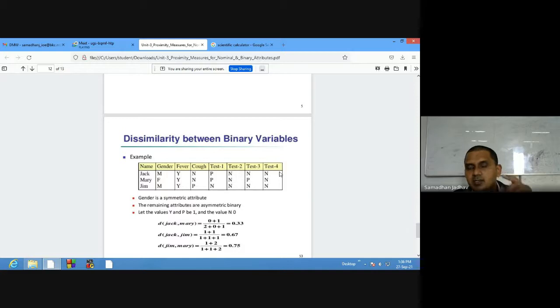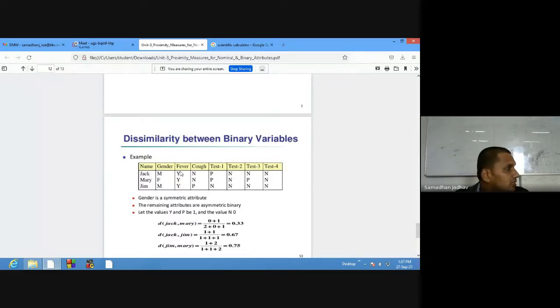As we saw above, how many nominal attributes were there? Only one, so P was one. Here you can see binary attributes: 1, 2, 3, 4, 5, 6, 7. Gender is a symmetric binary attribute.